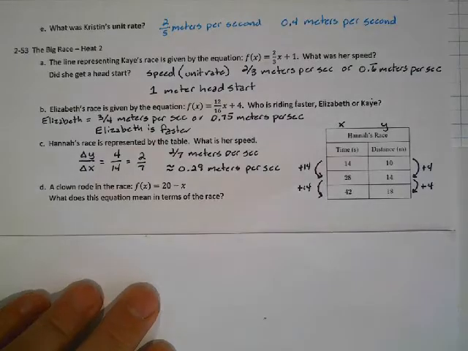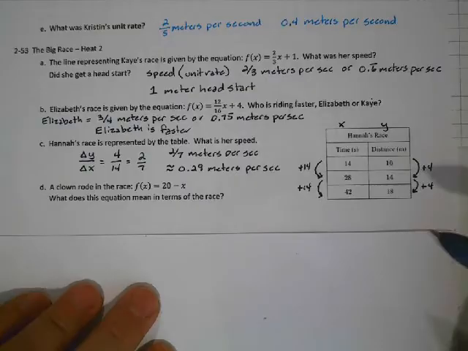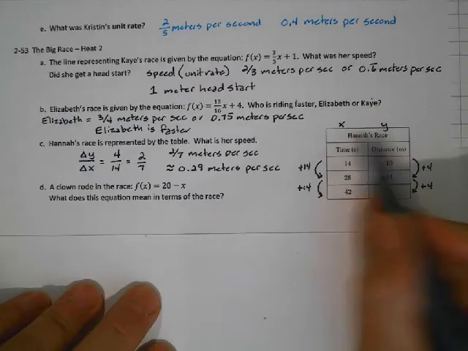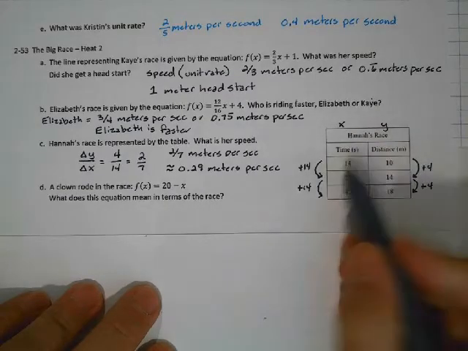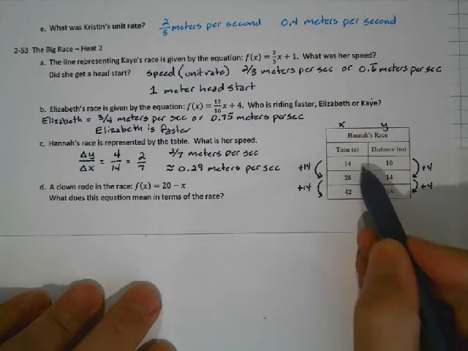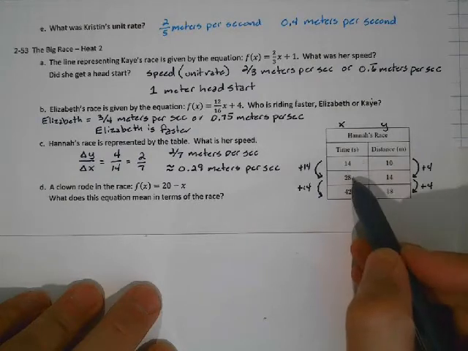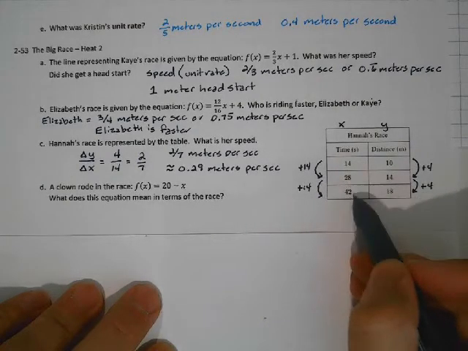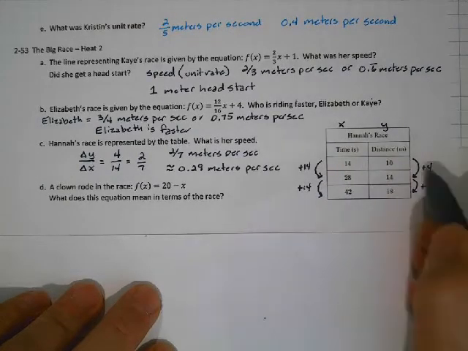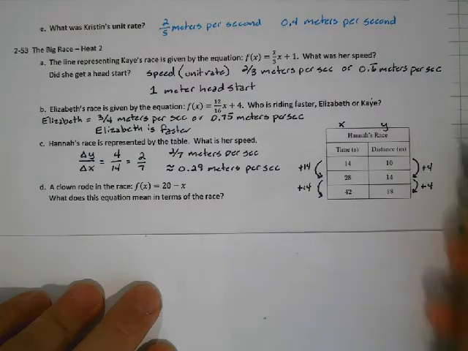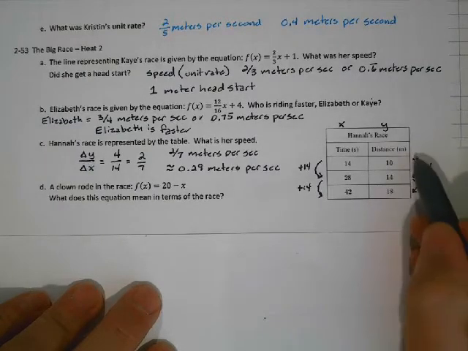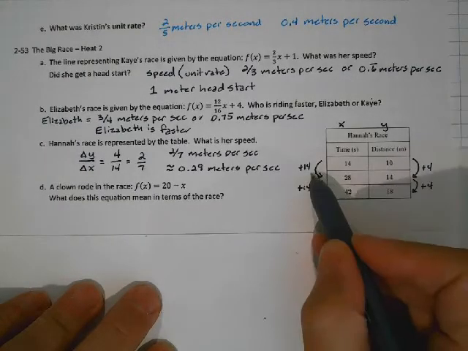All right, to work this one out, I had to find the rate of change first. Now remember, time is x and distance is y. I noticed that from here to here, my time is changing by 14 seconds, and then from here to here, it's changed by 14 seconds again. And my distance is changing by 4, and then by 4. So I can see that there is a constant rate of change. For every 4 meters, it takes 14 seconds.